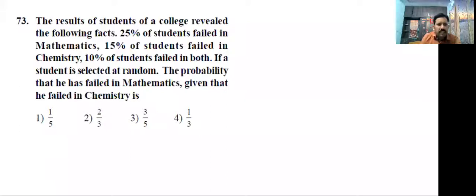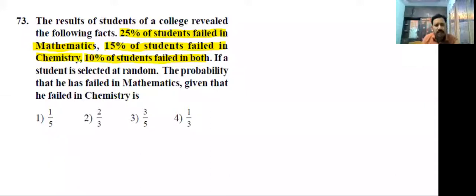The results of students of a college revealed the following facts. 25% of the students failed in mathematics. 15% of the students failed in chemistry. 10% of the students failed in both.